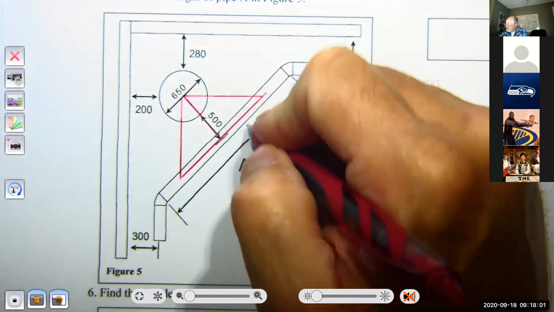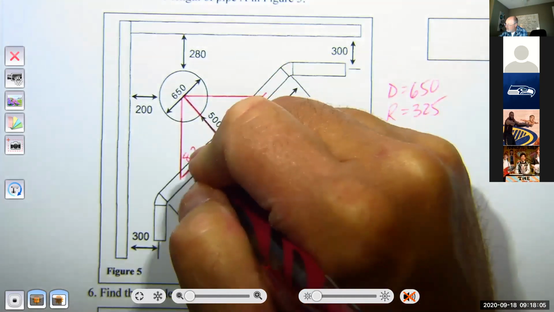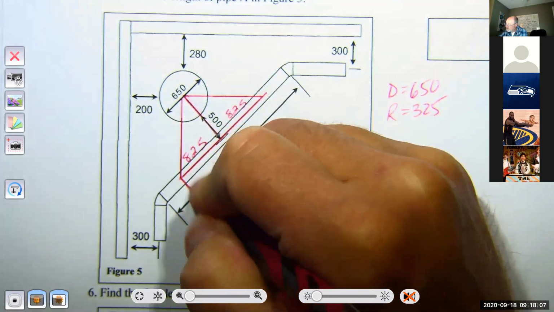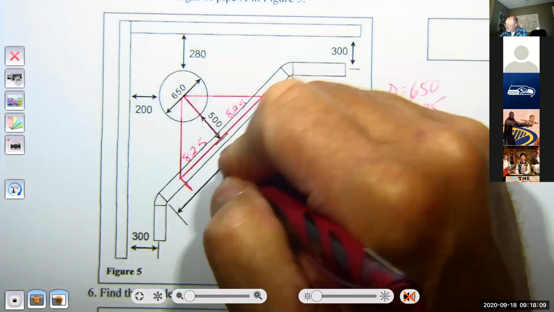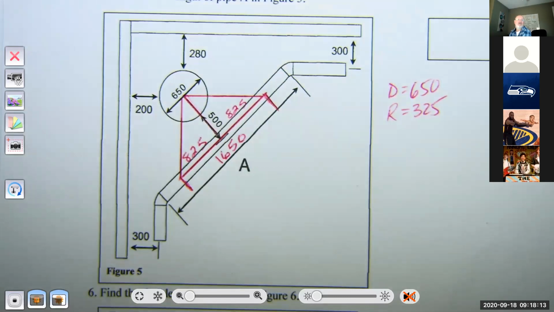So that's 825 and 825. For this measurement now is 1650. Does everybody see where I got the 1650 from? I will take your silence as you got where I got the 1650 from.